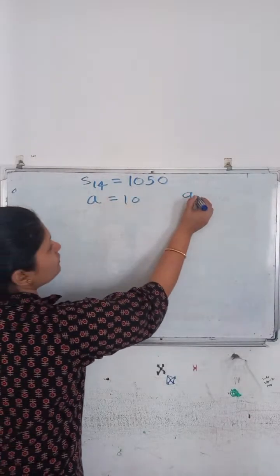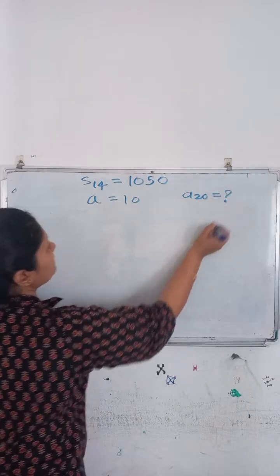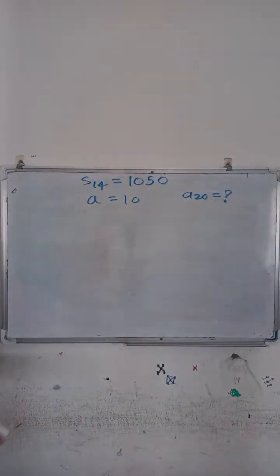They are asking us to find the 28th term. Very important: the sum is given, the first term is given, and they are asking for the nth term. So how can you find this?